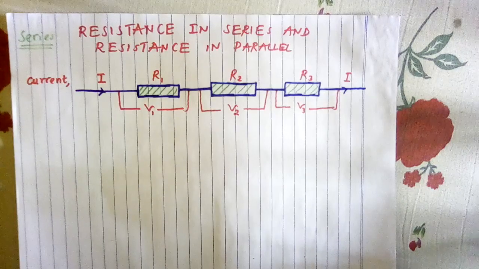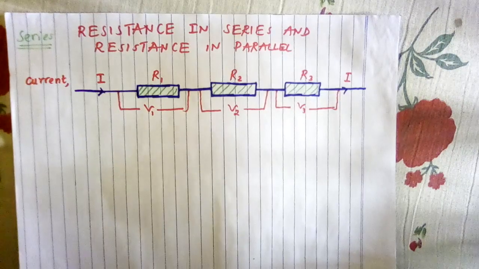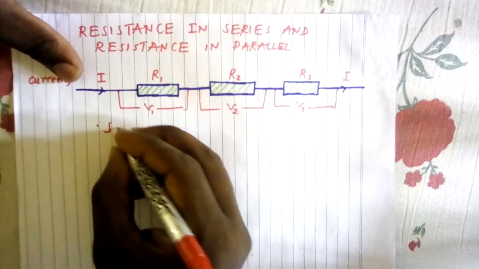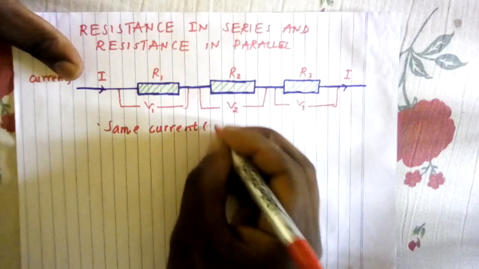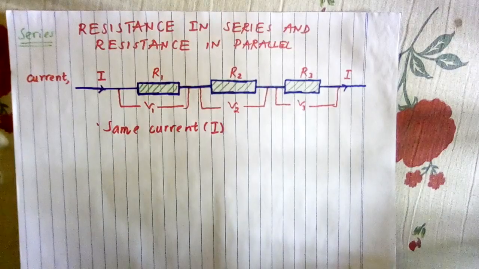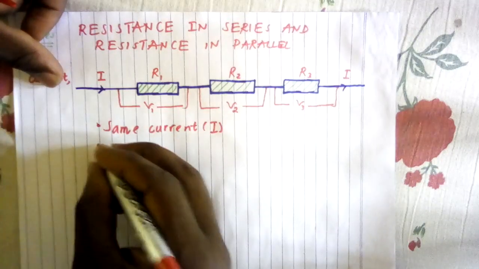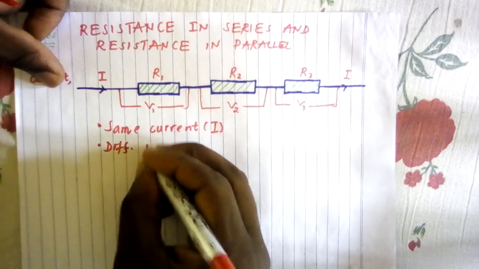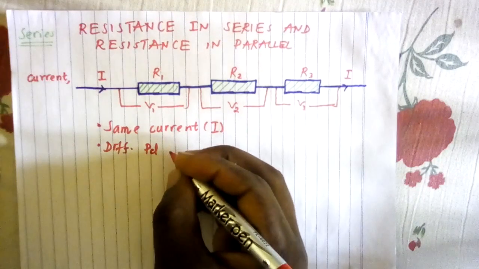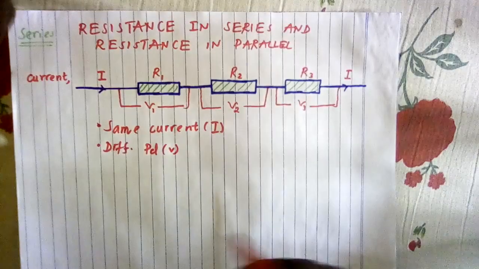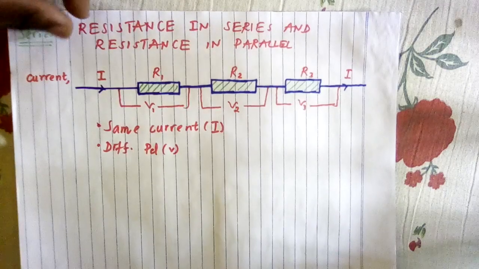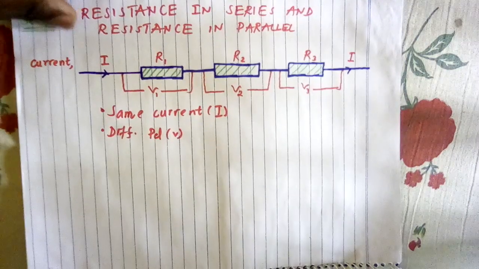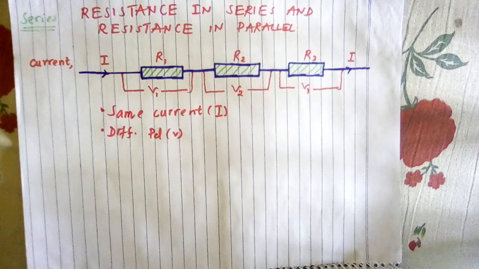The special thing about resistance in series is that they always have the same current, but they have different potential differences. Or sometimes you can just represent it as V. It is true for the physicist. It is known. And having seen that fact, now let's go ahead and derive the formula.